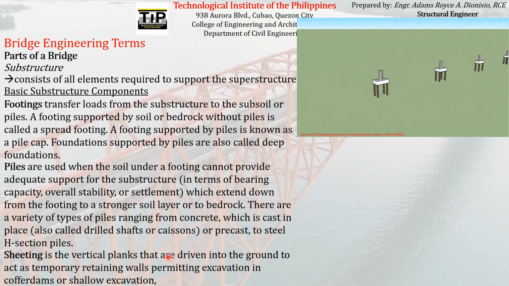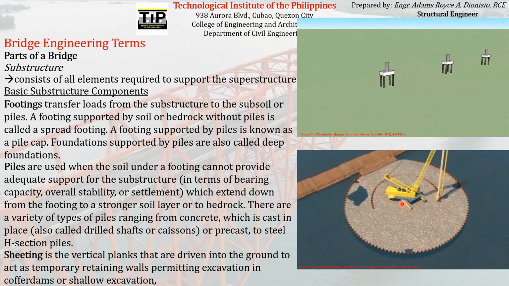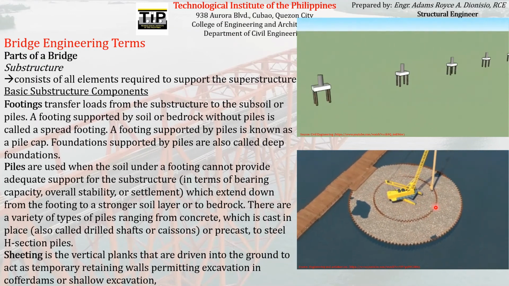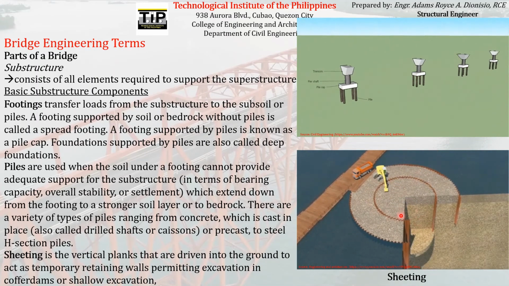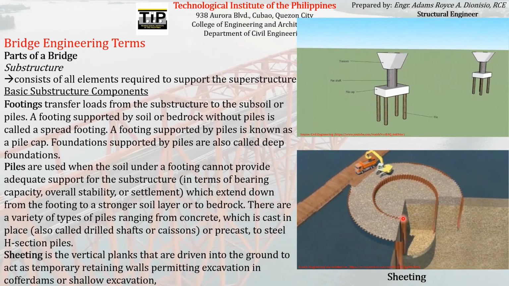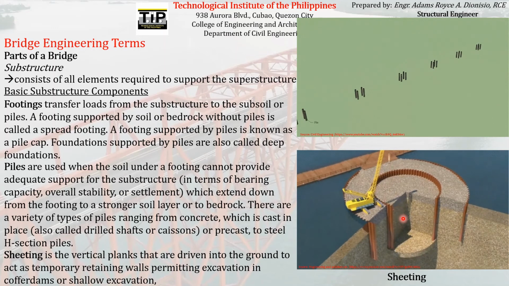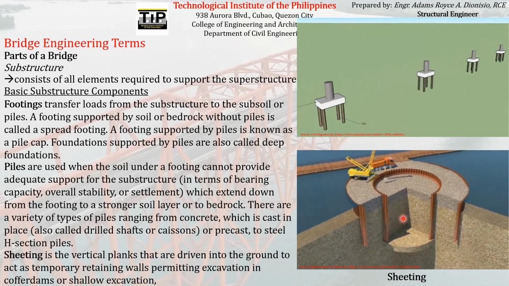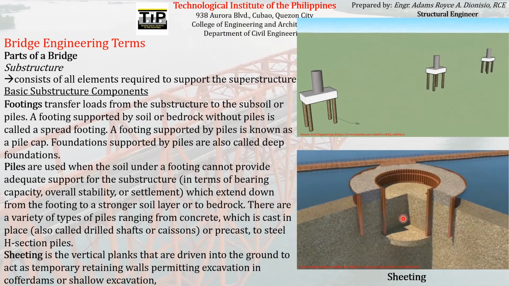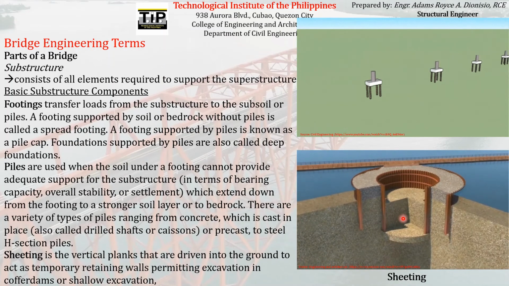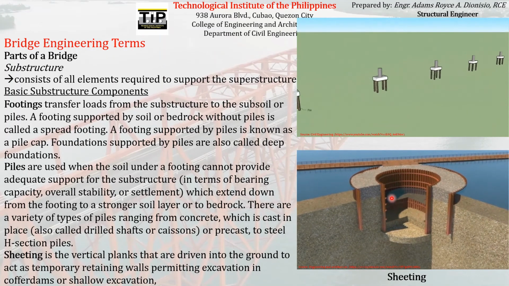So what does sheeting look like? Sheeting looks like this. Sheeting is composed of several vertical planks that are interweaved together to form an enclosed space.